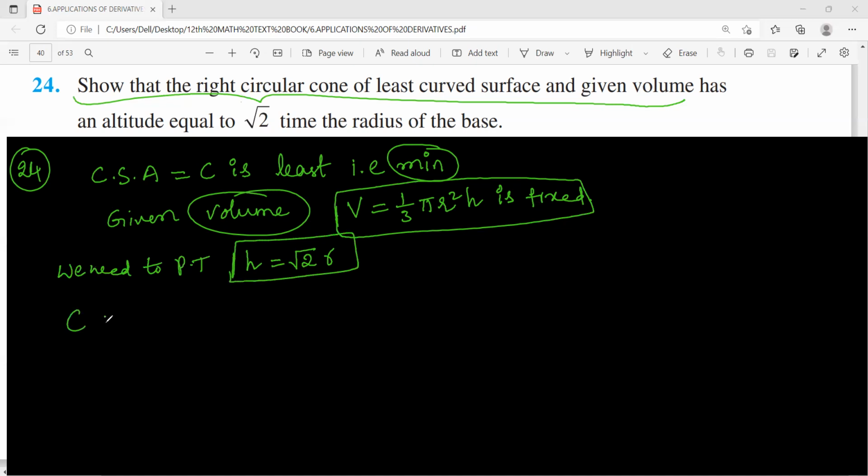So let's take the curved surface area of the cone. It's pi r l only, yes, pi r l, correct.